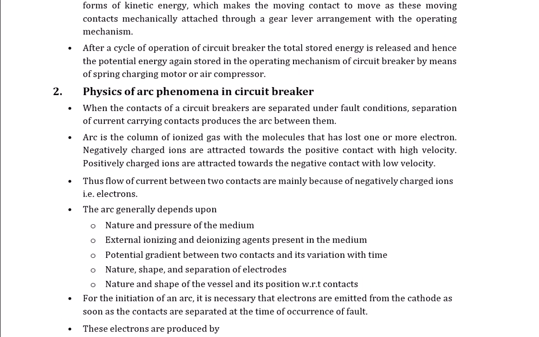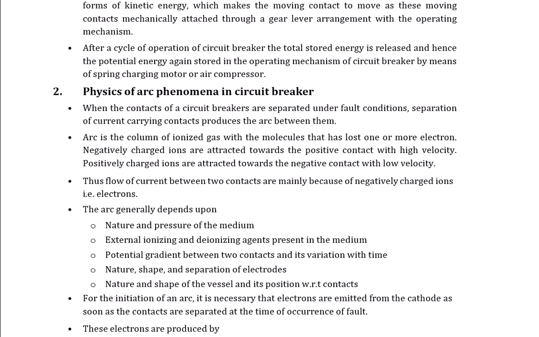Negatively charged ions are attracted towards the positive contact with a high velocity. Positively charged ions are attracted towards the negative contact with low velocity. Thus, flow of current between two contacts is mainly because of negatively charged ions, or we can say the electrons.